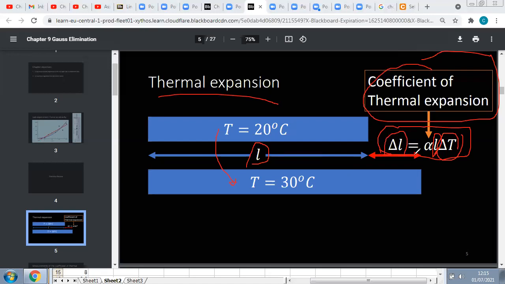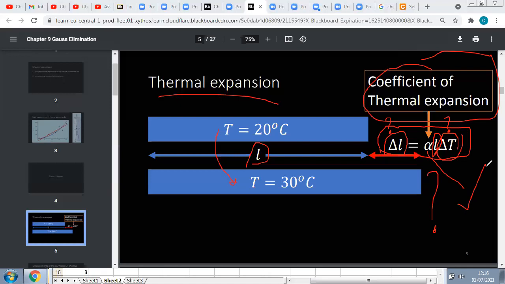Delta L is given as alpha times L times delta T. So if I want to get alpha experimentally, I need to calculate delta L for different values of delta T, and this will allow me to come up with a coefficient alpha. Since experimental work is always prone to errors, I can have, for example, measurement errors in delta T and in delta L.